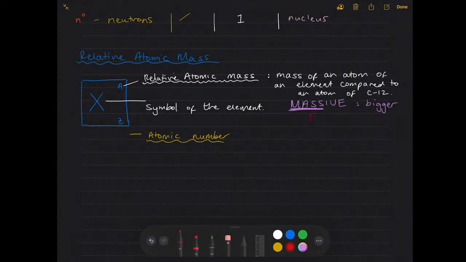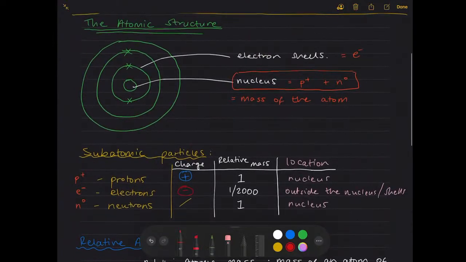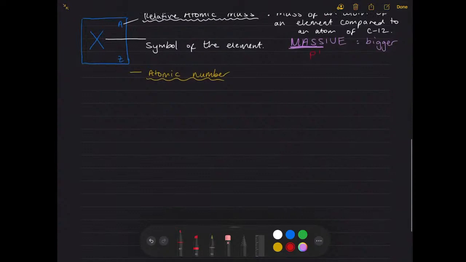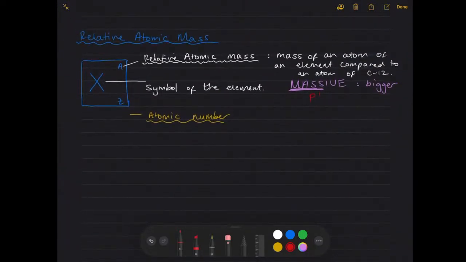And what does it represent? Well, as we mentioned already, protons and neutrons make up the mass of the atom. So relative atomic mass is a measure of the number of protons and neutrons in your atom. Notice there's no mention of electrons, because electrons have negligible mass in comparison.